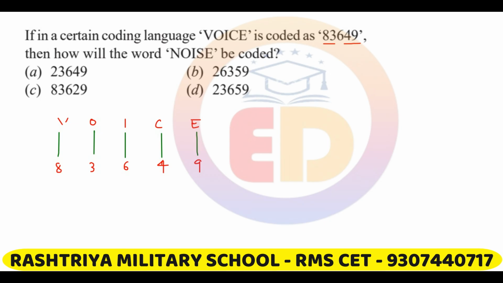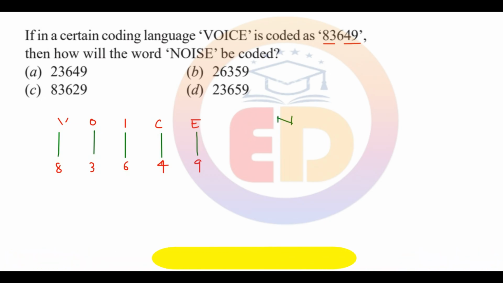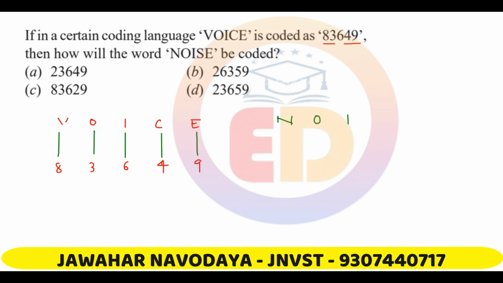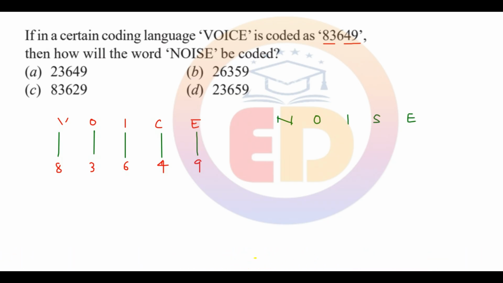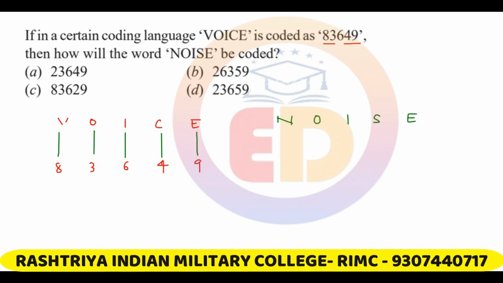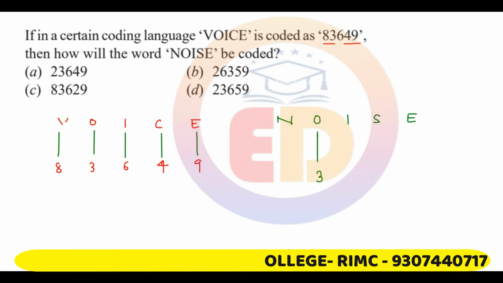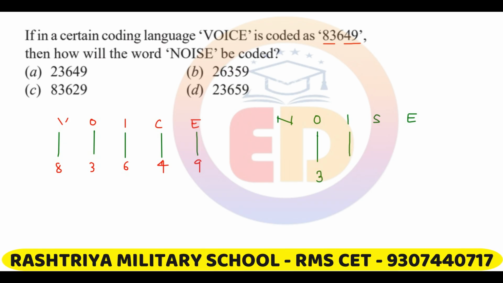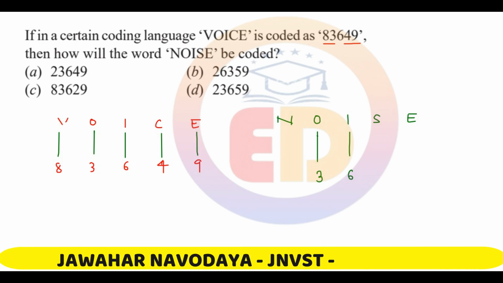Now they are asking to find the code of noise. Here the code of O will be 3, code of I will be 6, and code of E will be 9.